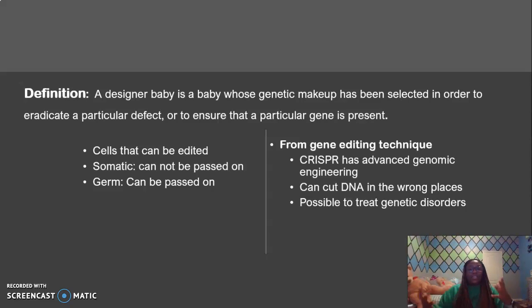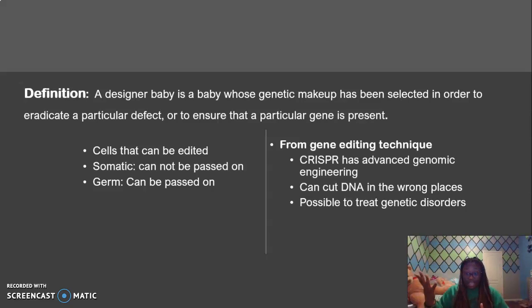And some other things that I found from gene editing techniques is that CRISPR has advanced genomic engineering, and DNA can be cut in the wrong places. That would be one of the controversial things that I talked about before. And it is possible to treat genetic disorders, which I also talked about, which would be a great thing to delete from going generations.